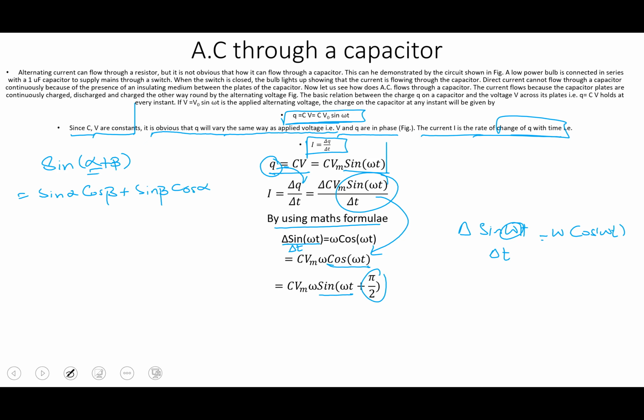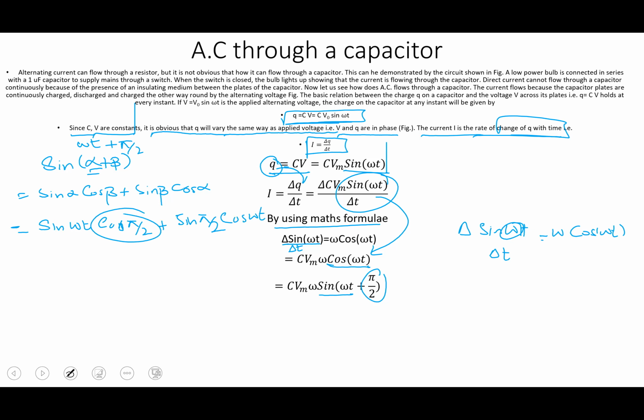Over here, for alpha we have omega t, and for beta we have pi by 2, which is equal to 90 degrees. But let us put in the values. So it is sine omega t into cos pi by 2 plus sine pi by 2 into cos omega t.